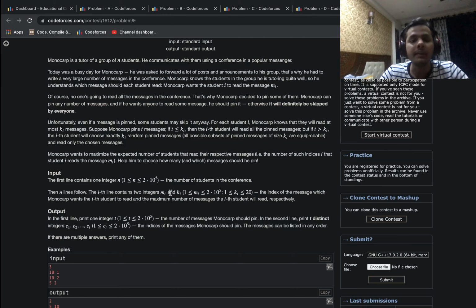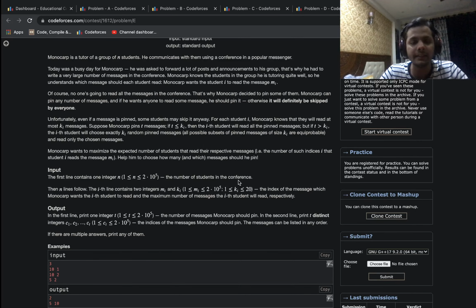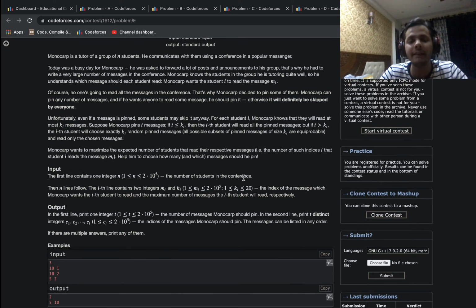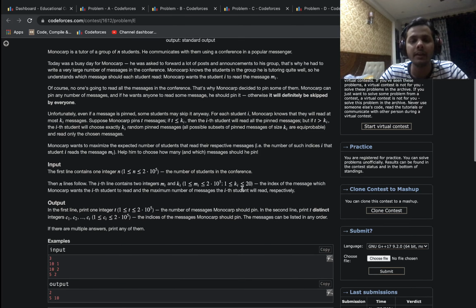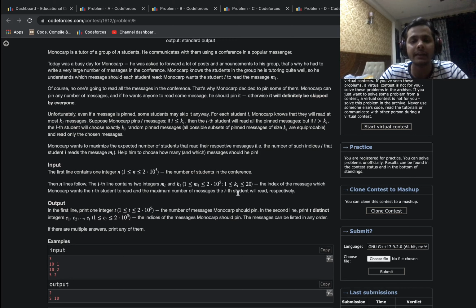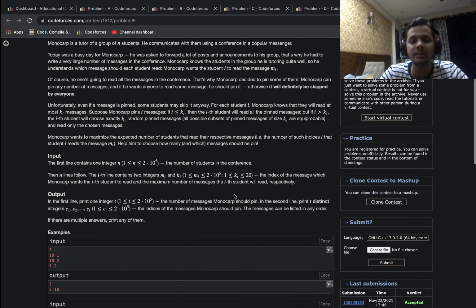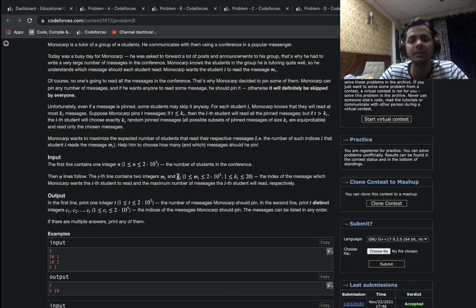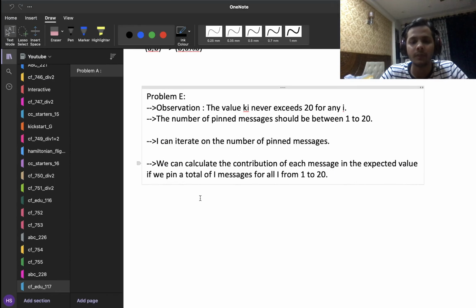Okay, but if the number of pinned messages exceeds ki, then what happens is, let's say I have j messages that I am pinning, and that j is greater than ki. Now if that j is greater than ki, then the particular student chooses randomly ki messages from the j messages, and if those ki messages contain an mi, then the contribution will be 1, otherwise it will be 0, right?